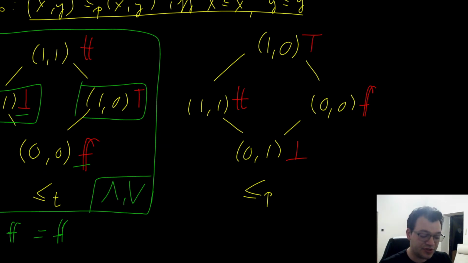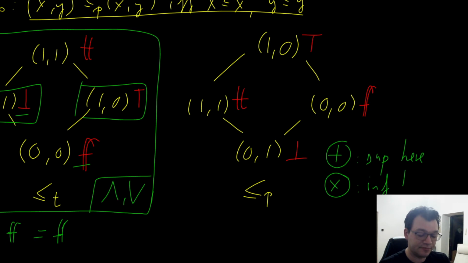So we just denote the supremum here by a plus in a circle and the infimum here by a times in a circle, just not to confuse the supremum in the two different posets.